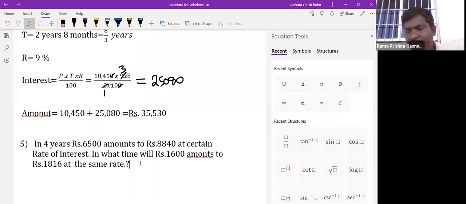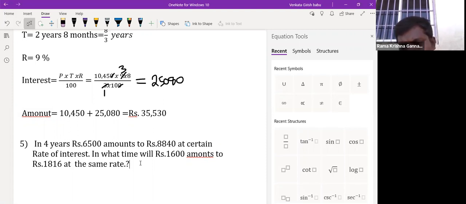Listen once again. See the fifth problem, all of you. In 4 years, 6,500 rupees amounts to 8,840 at a certain rate of interest. 6,500 is the principal, 8,840 is the amount.